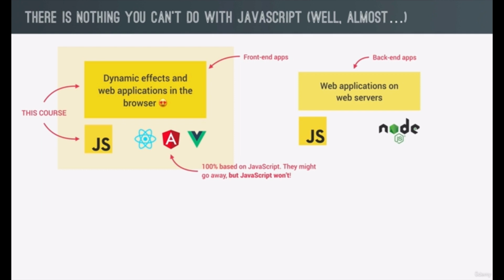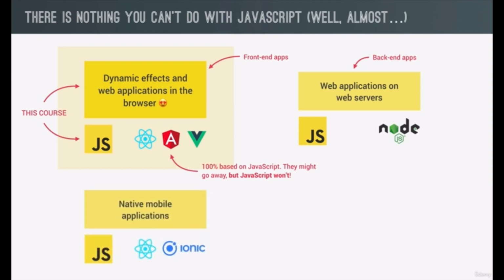All right, and now just to finish, I want to mention that we can actually also use JavaScript to build native mobile applications, as well as native desktop applications for any phone and computer operating system out there. That's because of modern tools like React Native, the Ionic framework, and tools like Electron.